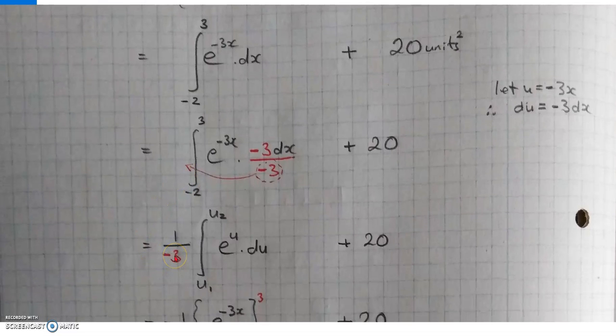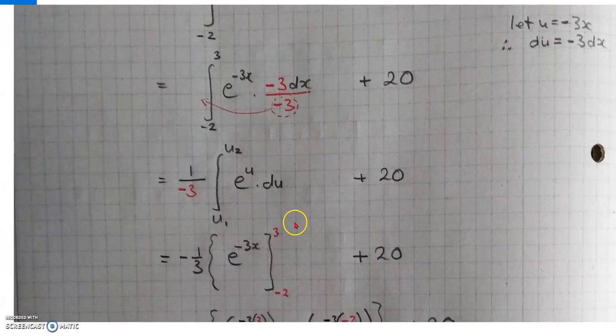Okay, there. Now I can integrate e^u du. Don't forget this minus 3x is now u. But because we've changed the variable into u, we cannot write minus 2 and 3 as our limits. Just write u1 and u2. Okay? Now, when we integrate e^u, we get e^u. Okay?